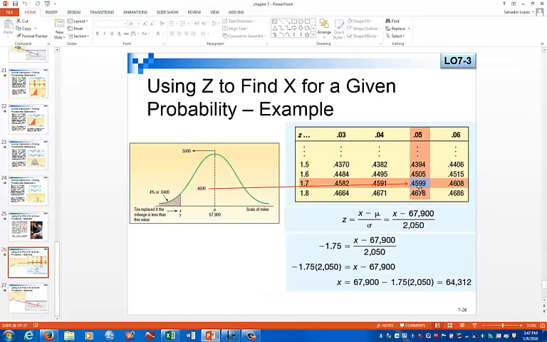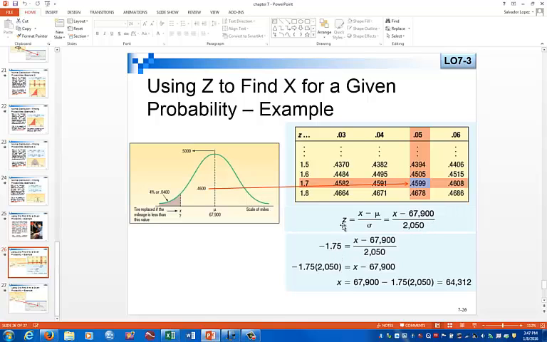This is the value of 1.75 that yields an area of 0.4599 between 0 and the value of Z of 1.75. Well, you replace that in the formula. Z is equal to X minus mu over sigma, given the values of the problem.